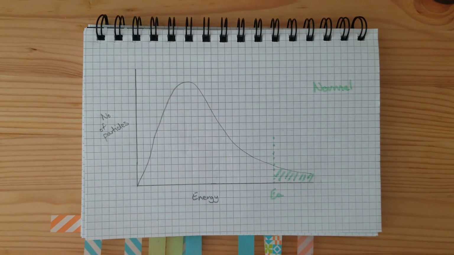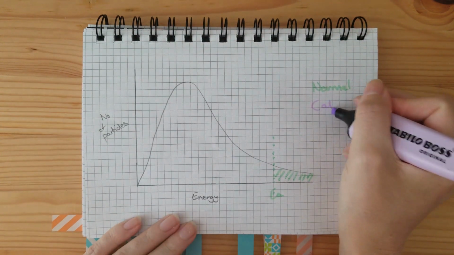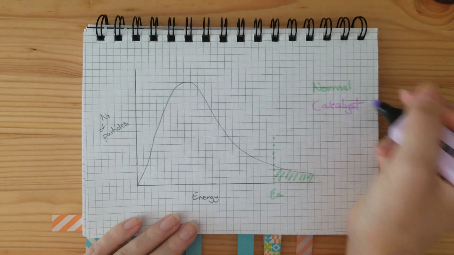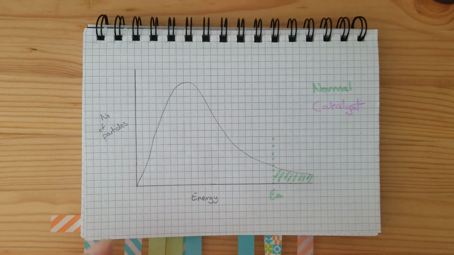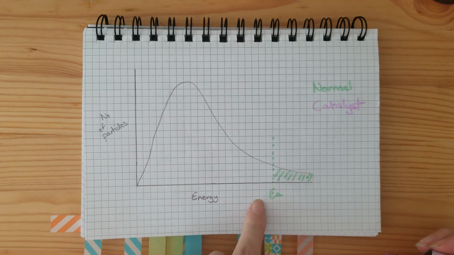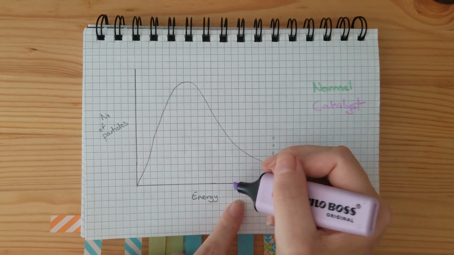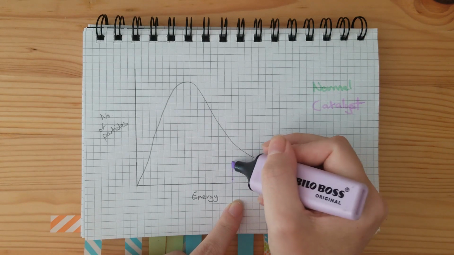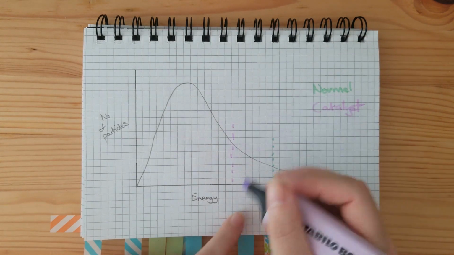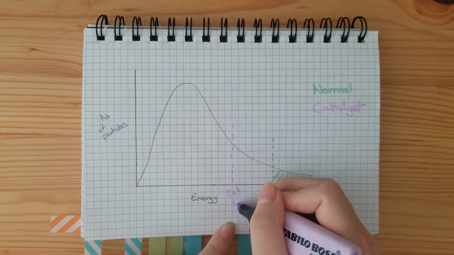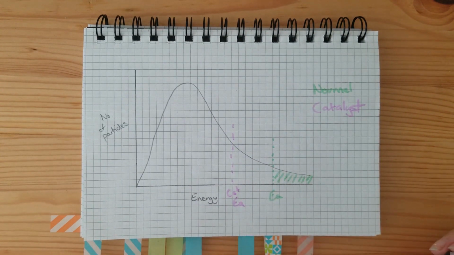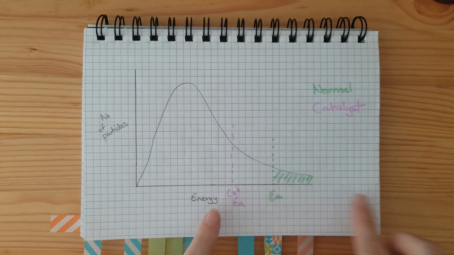Now, obviously, if we put our catalyst in, it offers the alternative route with a lower activation energy. So its activation energy is going to be further down this direction. So this could be our catalyst activation energy. Now anything over this line can react.